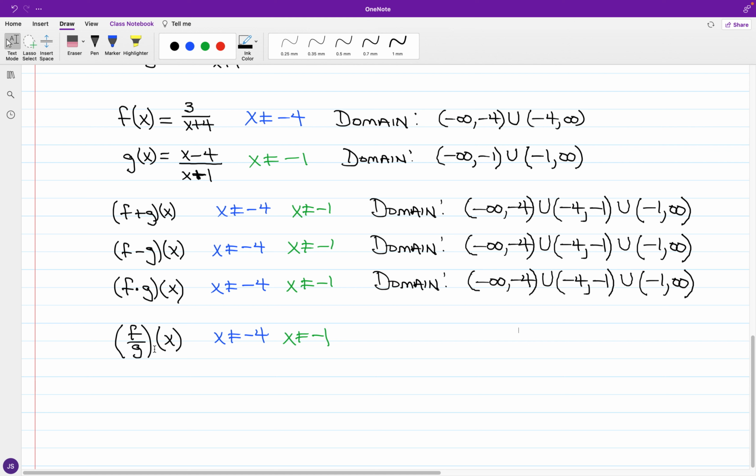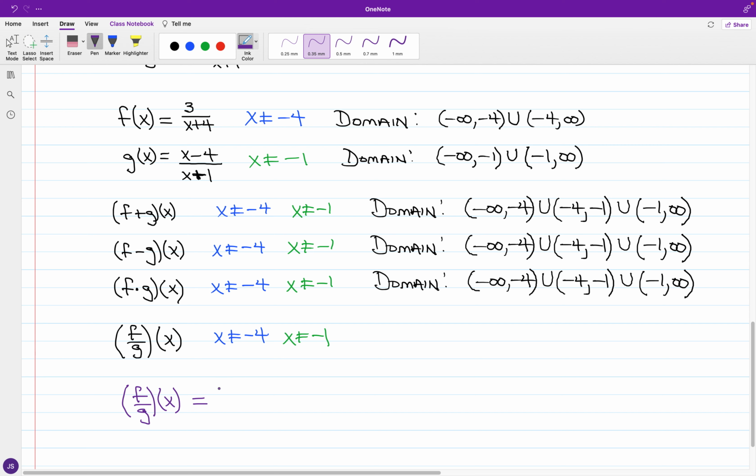All right. Now, for the quotient function, to be able to work with both f of x and g of x, x cannot be negative 4 to satisfy f of x, and x cannot be negative 1 to satisfy g of x. But for the entire framework, there could be some other fine restriction details that could be further applied.